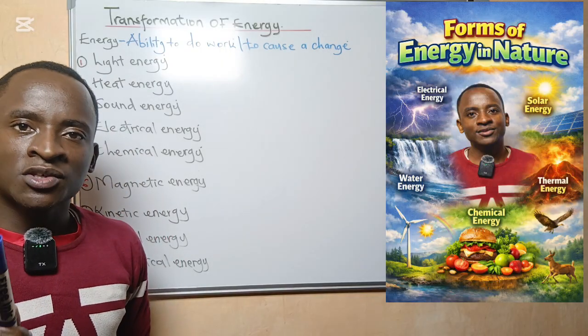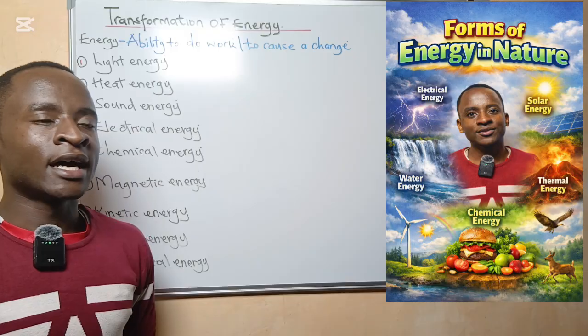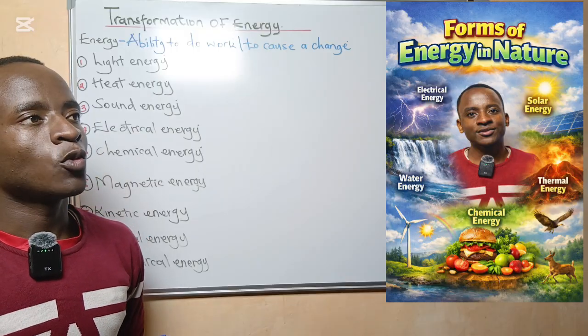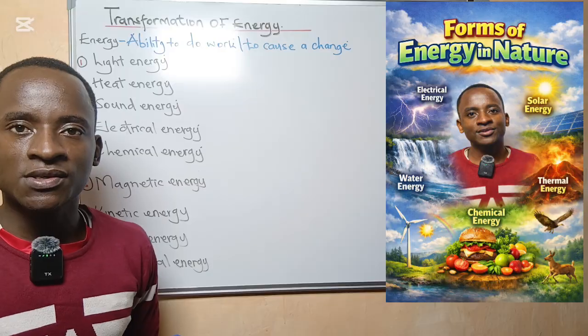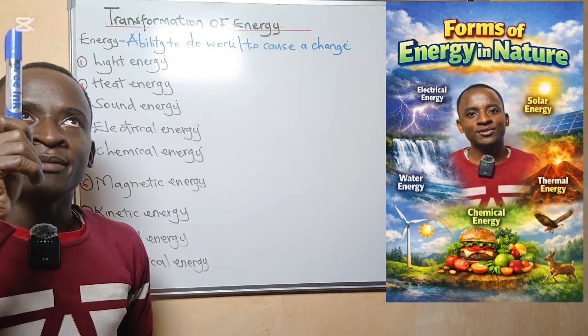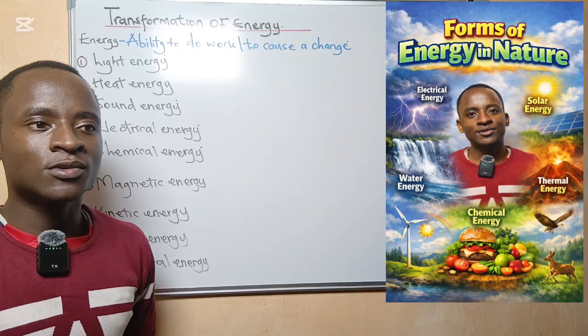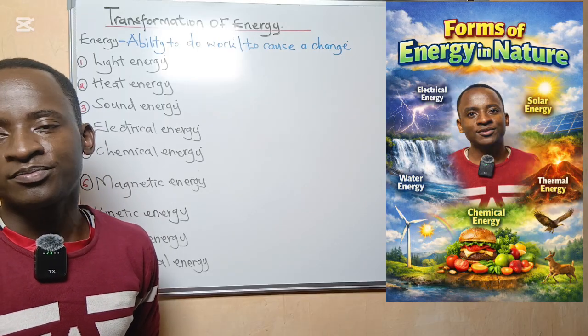I have already mentioned something about light energy, and I used the example of somebody switching on the switch: the bulb will light automatically. As the bulb lights, we are able to see the environment, the surroundings, or the room.